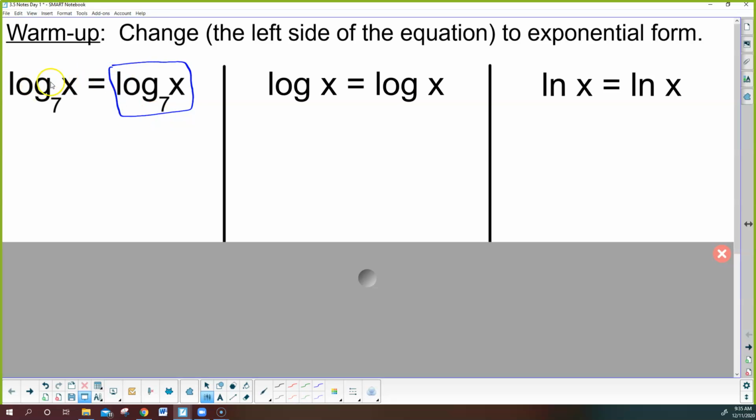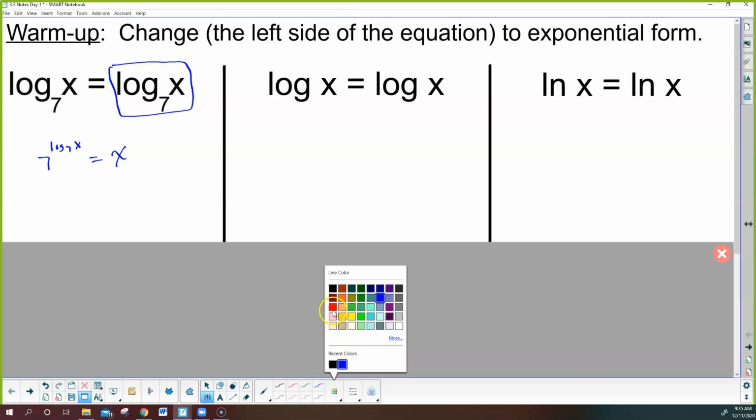So let's say that I want to take the left side and change the left side into exponential form. So I'm going to take my base, which is 7, and I'm going to raise it to the power of the answer, right? So 7 to the log base 7 of x is equal to whatever the original log was, which is x.